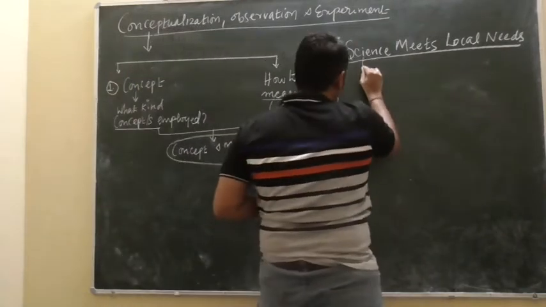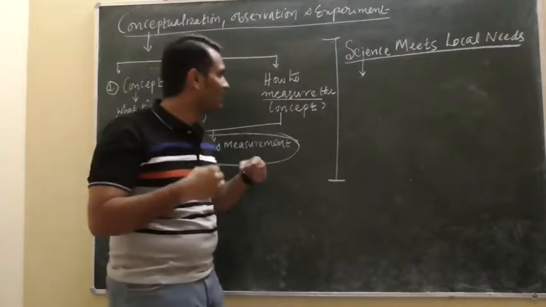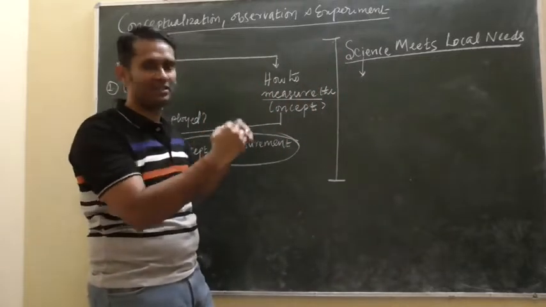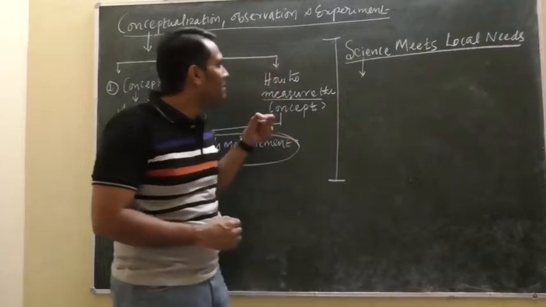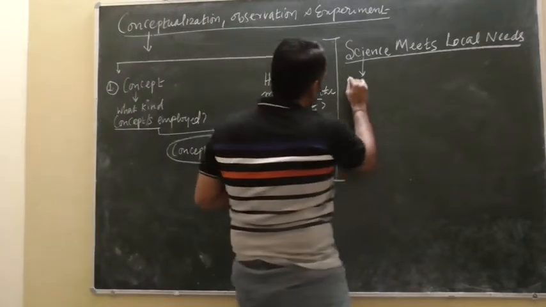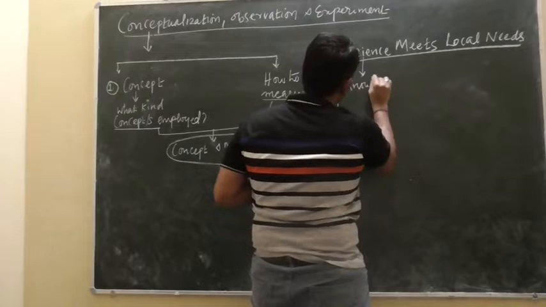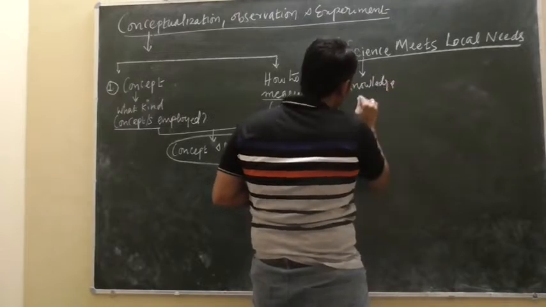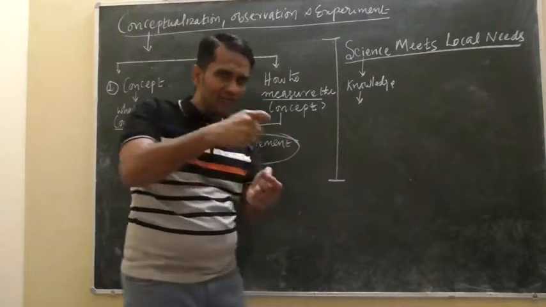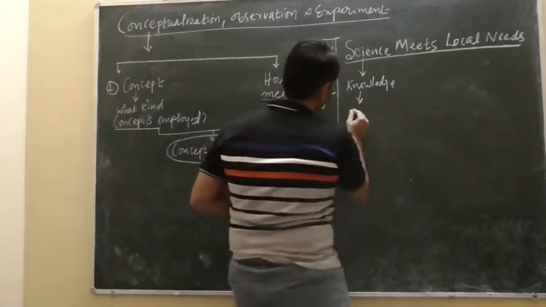If we go back and see the very idea of this theorization, what we mean by science here is that science is about knowledge. This knowledge is derived from different sets of disciplines.